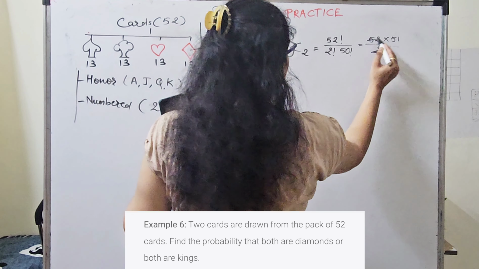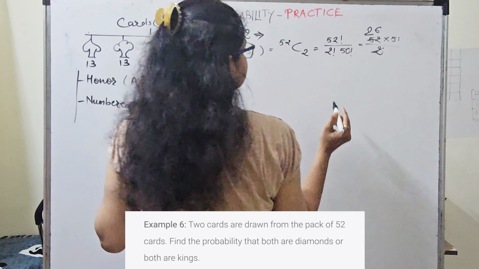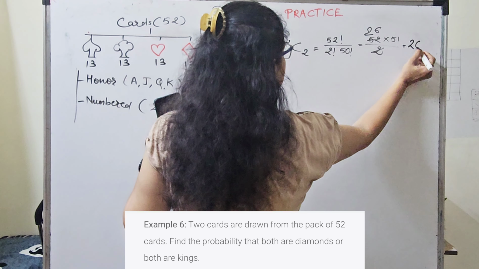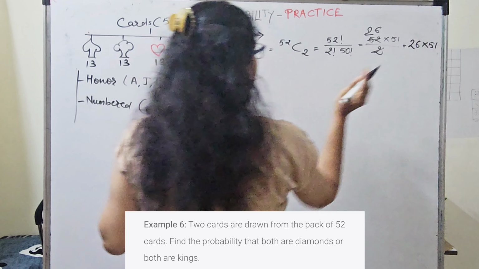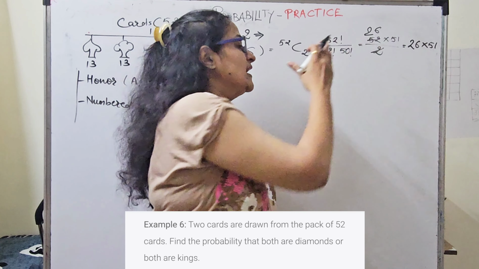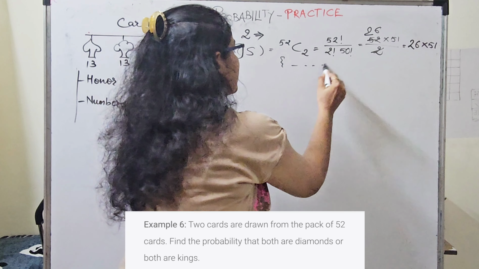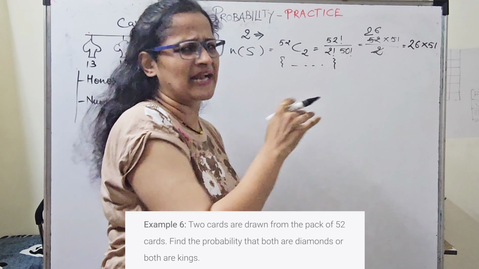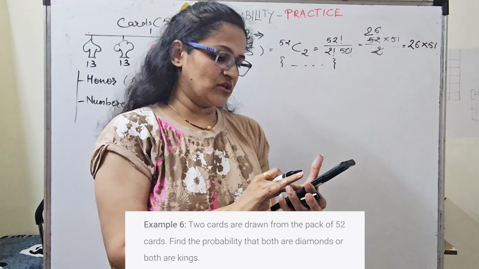Yes, 2 2s are 4, 2 26s are 52. So that is nothing but 26 into 51. These are the total number of outcomes. You getting my point? And that's why you won't be really able to find out the actual outcomes, correct?